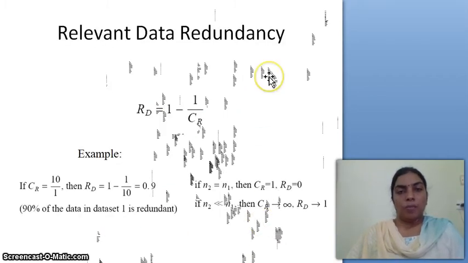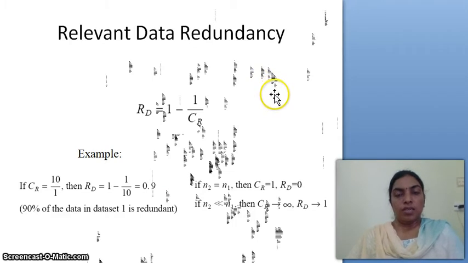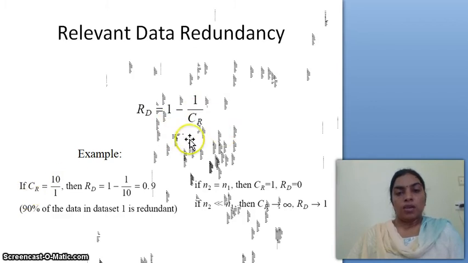Take another performance parameter for compression, relative data redundancy. Relative data redundancy RD is equal to 1 minus 1 by CR. Here CR is the compression ratio, and 1 minus the reciprocal of the compression ratio gives the relative data redundancy. Observe the example.